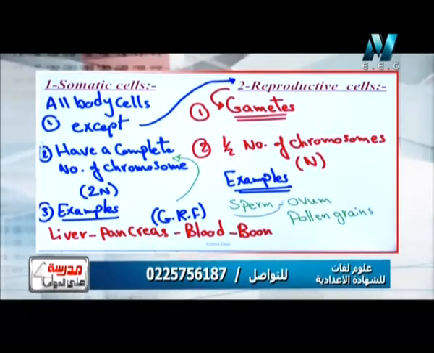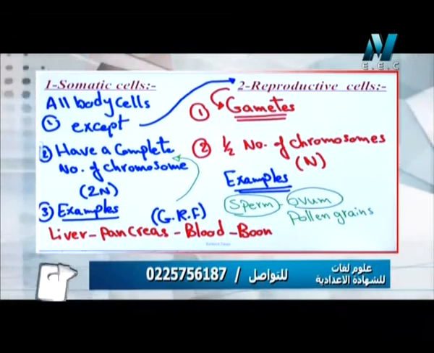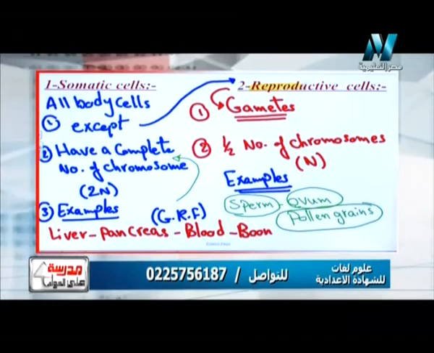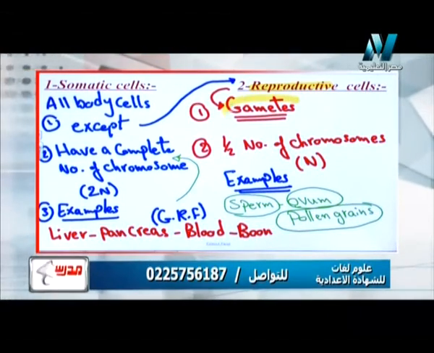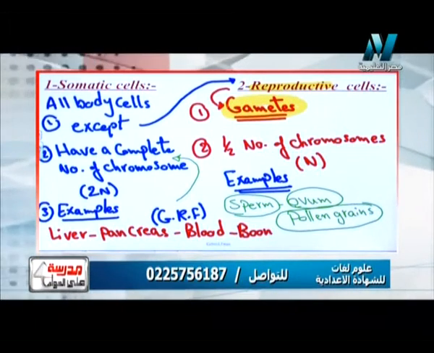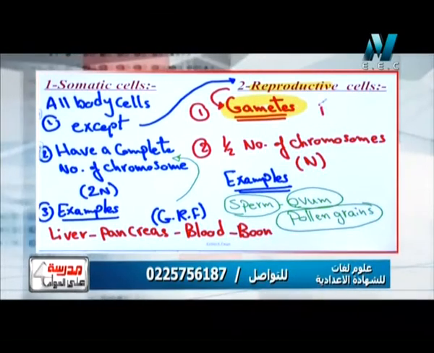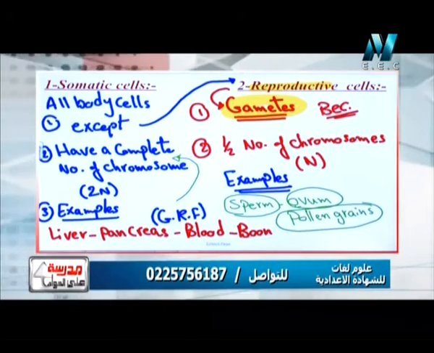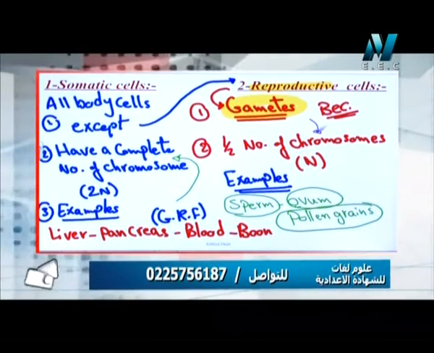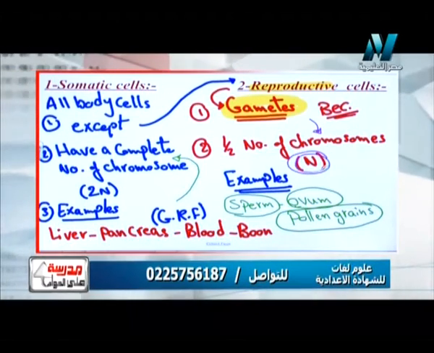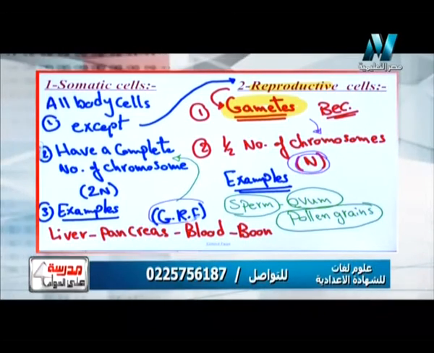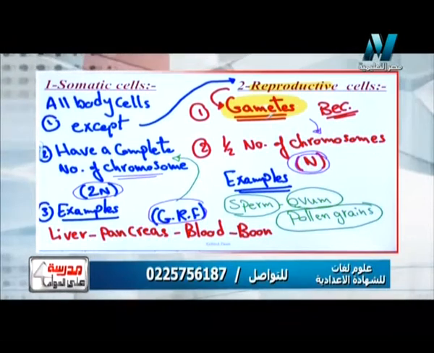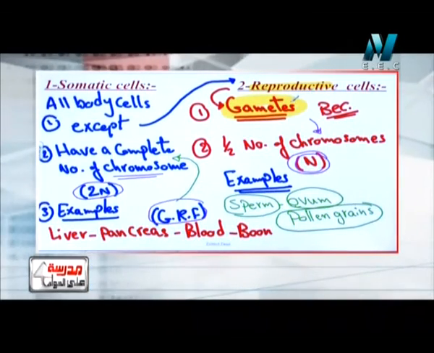If we talk about sperm, ovum, or pollen grains, they are called reproductive cells, or gametes. Why are they called gametes? Because they have half the number of chromosomes, as n. So I now know the answer to give reason: somatic cells have a complete number of chromosomes, 2n, and the reproductive cells have half the number of chromosomes.